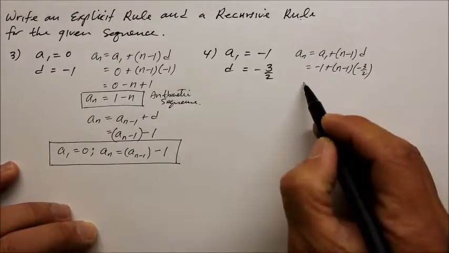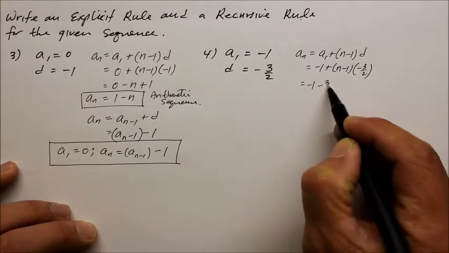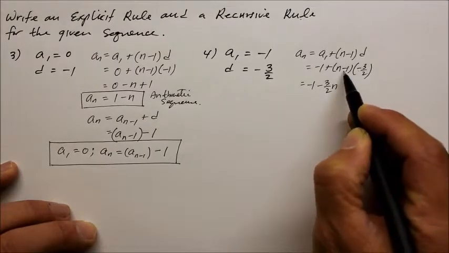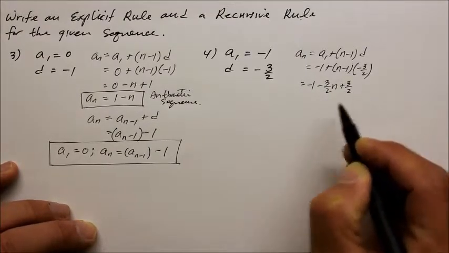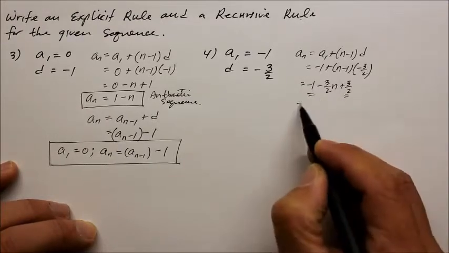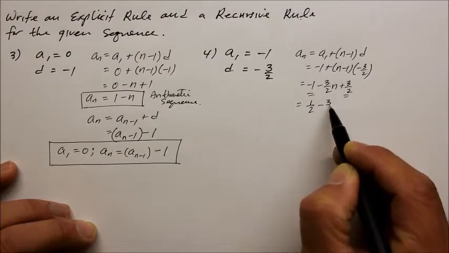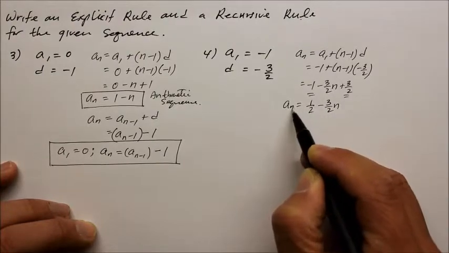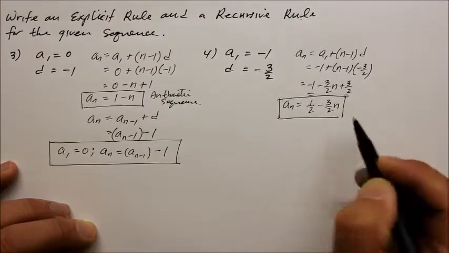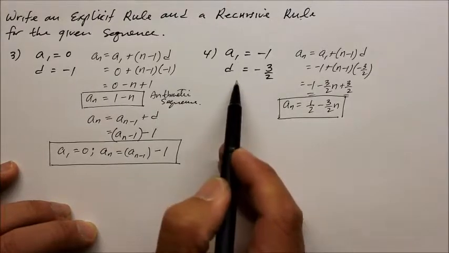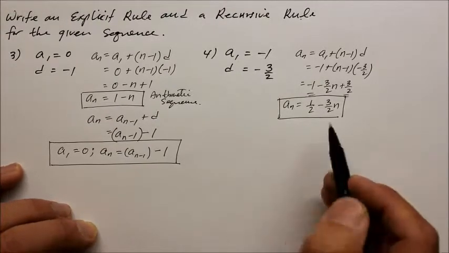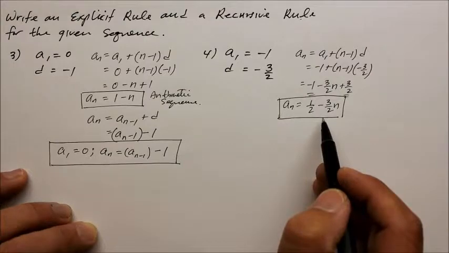When you evaluate, you end up getting negative 1 minus 3 over 2 n, plus 3 over 2, since negative times negative is positive. Combine the like terms. That's like saying negative 2 over 2, so it becomes actually 1/2 minus 3 over 2 n. So that's the general rule for the arithmetic sequence given the initial term negative 1 and the common difference of negative 3 over 2. Now, how do you write the recursive rule?